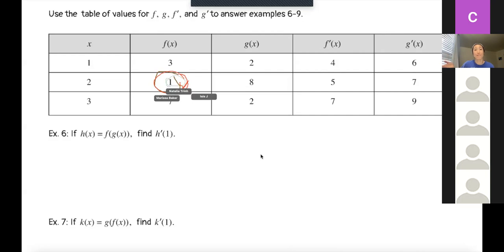Yes, that's our f of 2, right? How did we find that? Well, we knew we wanted f and we wanted 2. And so we go f and 2 and we get 1. Does that make sense?